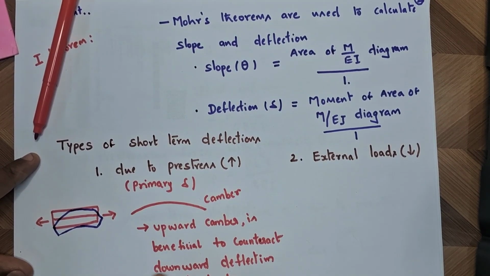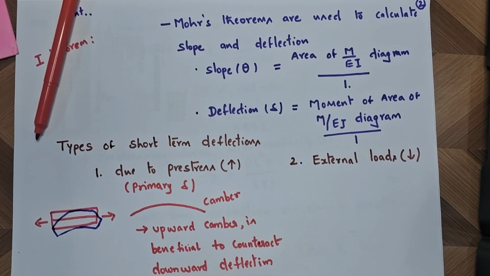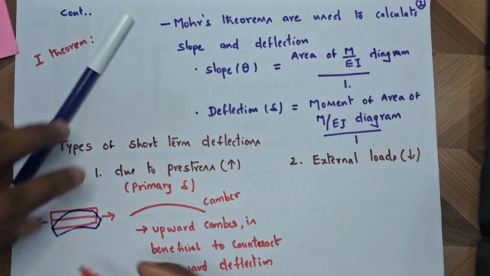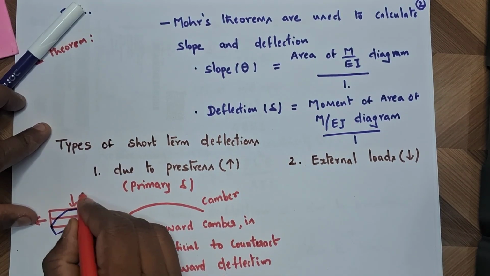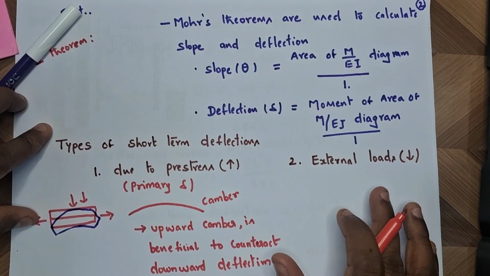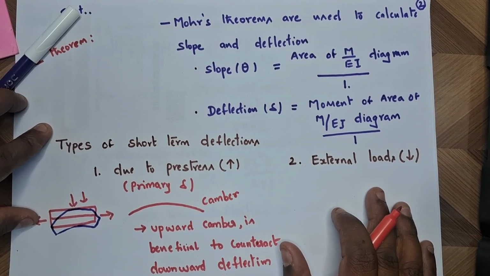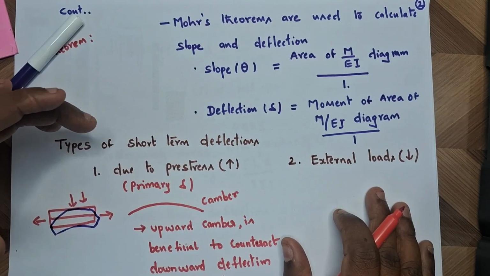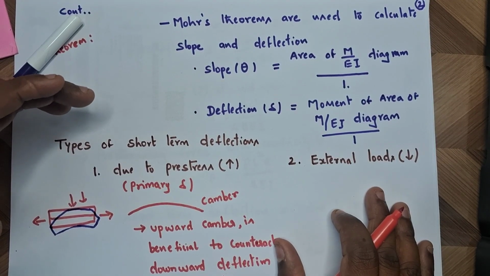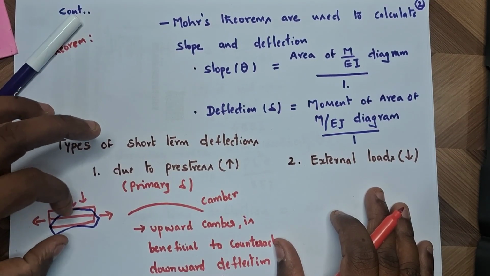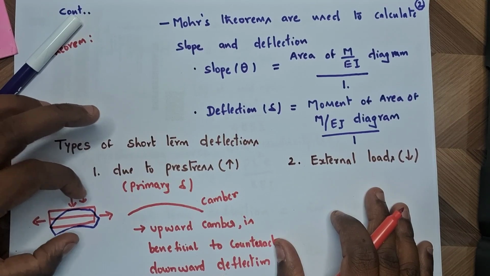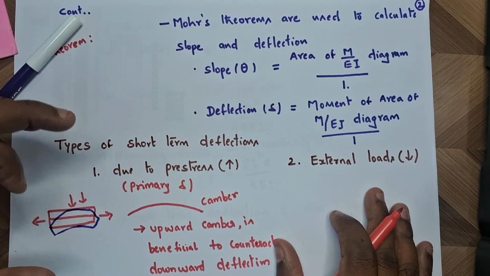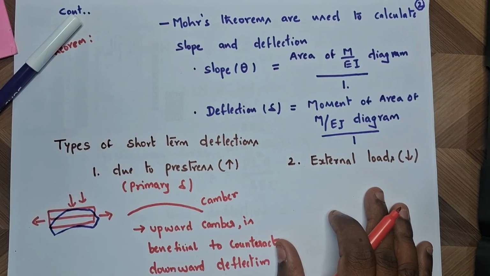This camber is also beneficial to counteract deflections due to loads. The magnitude of this camber depends on the eccentricity and profile of the tendon.